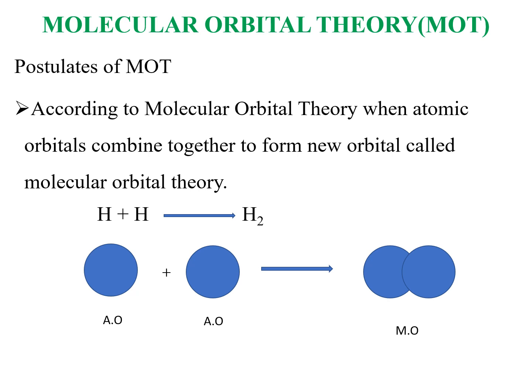Here, two hydrogen atoms combine to give a hydrogen molecule, which means the atomic orbital of one hydrogen and the atomic orbital of another hydrogen combine to form a hydrogen molecule.